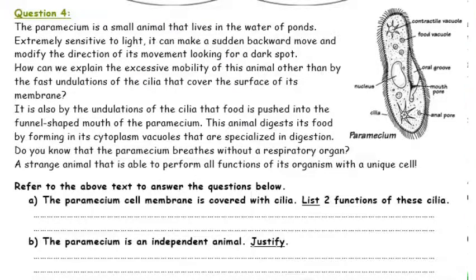It is also by the undulation of the cilia that food is pushed into the funnel-shaped mouth, or the oral groove, of the paramecium. This animal digests its food by making vacuoles in its cytoplasm that are specialized in digestion.